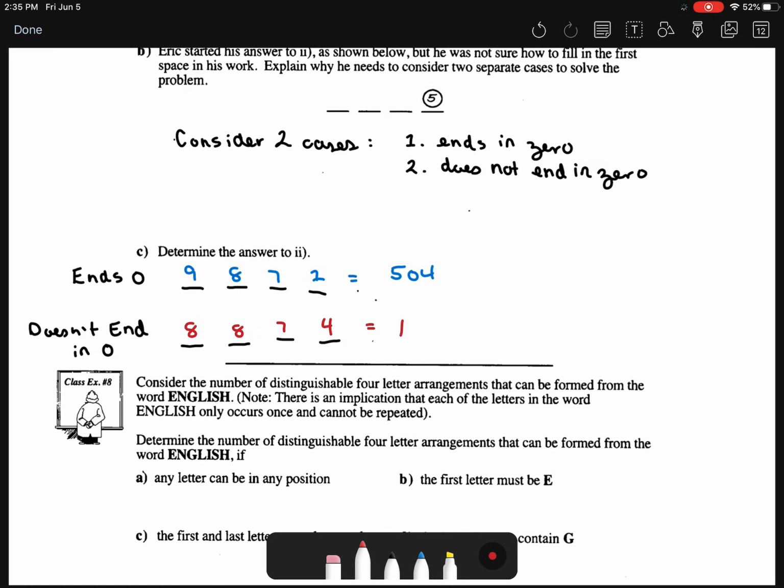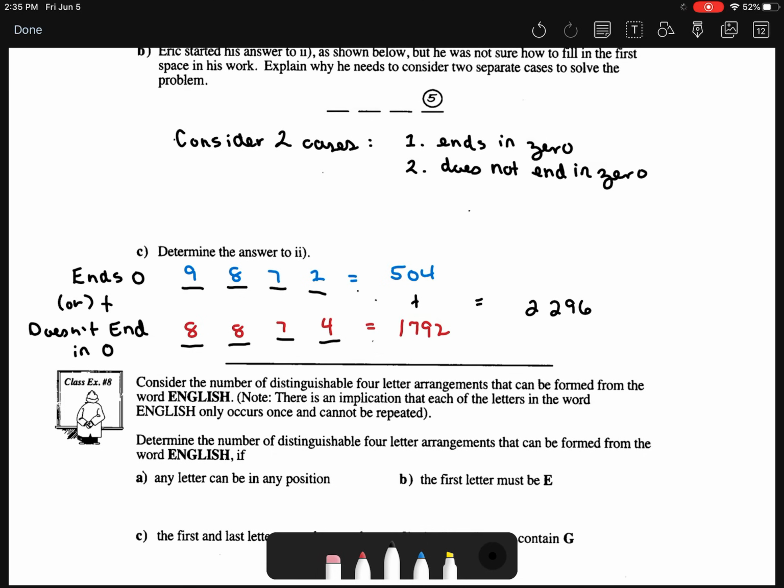So that leaves me with 8 times 8 times 7 times 4, 1,792. Now, remember, my number can end in 0 or doesn't end in 0, right? So or means I add. So I take these 2 values and I add them to get the total here, which is 2,296.